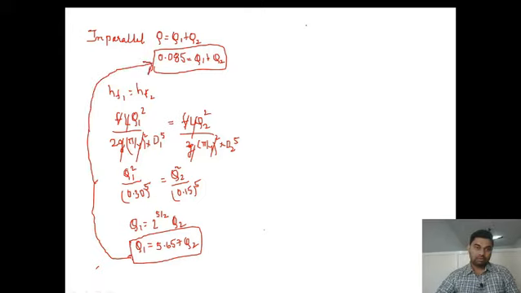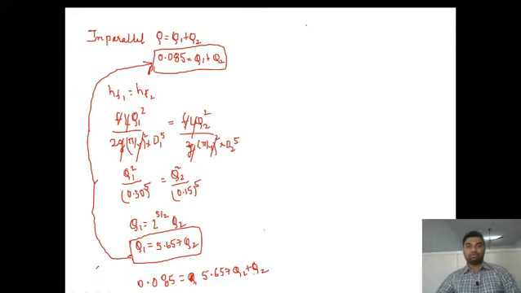On substituting that value, 0.085 is equal to Q1 plus Q2, where Q1 is 5.657 Q2, plus Q2.